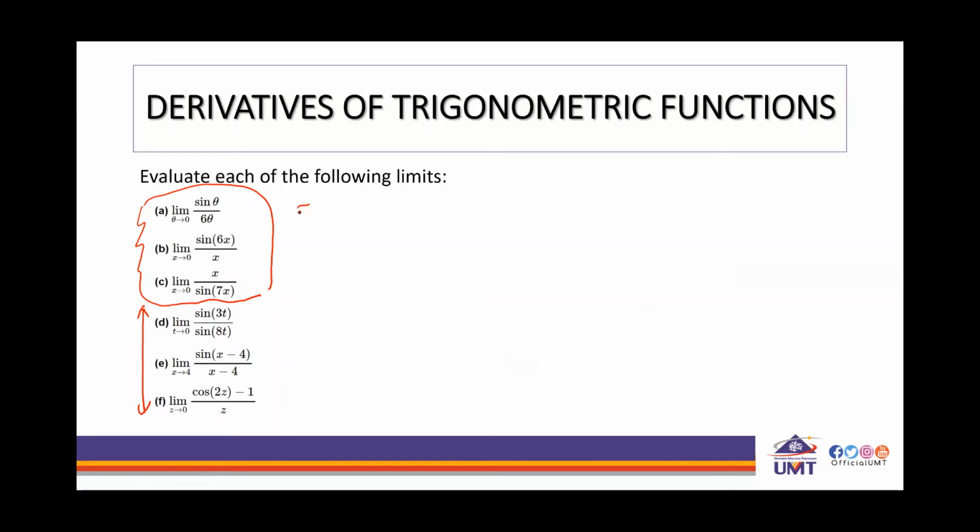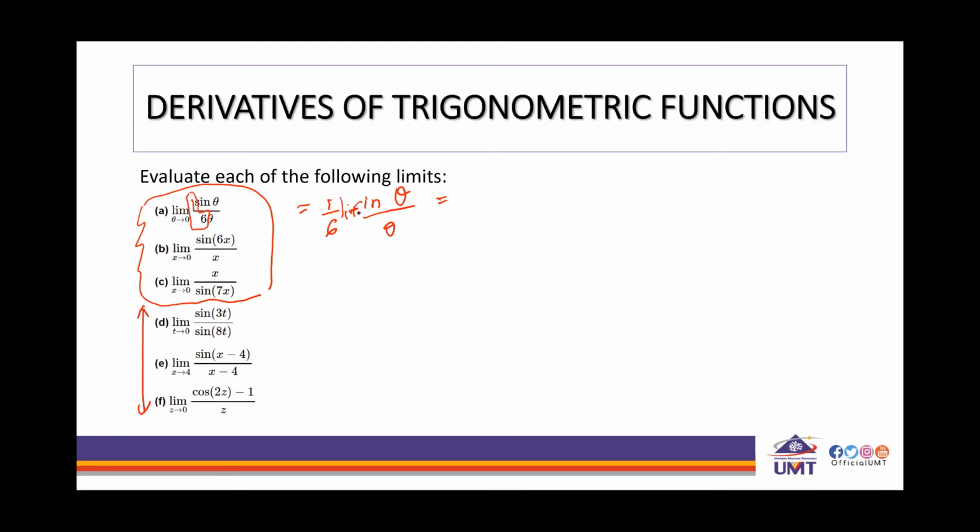So the first one is 1 over 6 times sin theta over theta. How do I get 1 over 6 sin theta over theta? Because 1 over 6 is the constant, so you take out the constants to the front of the equation, and then you can find the answer.